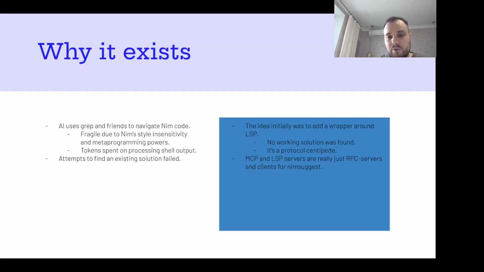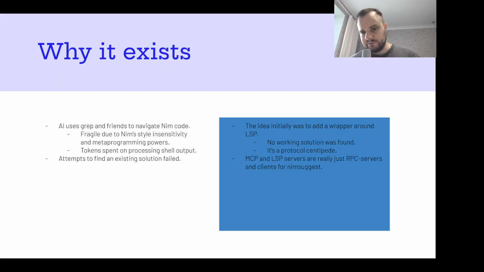So here we are. The initial idea, though, was not to create an MCP mode. The idea was to add another layer on top of nimlangserver as an LSP server. So the idea was to have a wrapper that would be an MCP server. It would process MCP requests and then proxy them to the underlying LSP server.